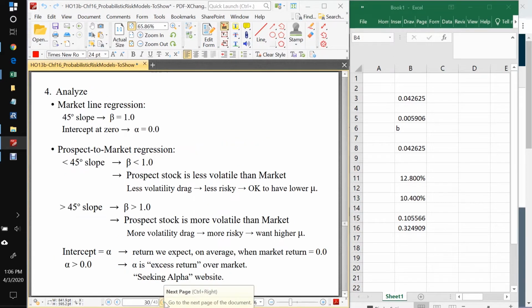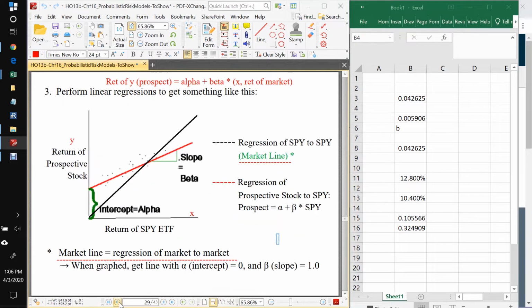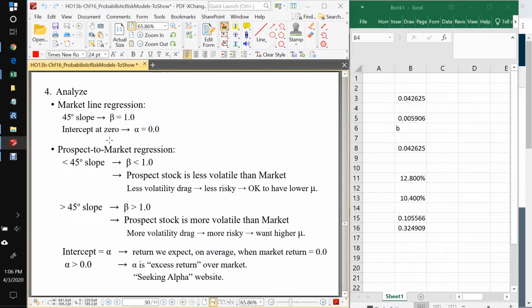Okay, so now let's analyze this. So we've got our market line regression, and we've got our Y versus X regression, and let's see what we can say about them. So as far as the market line goes, we've got that 45-degree slope, beta equal 1, alpha equal 0.